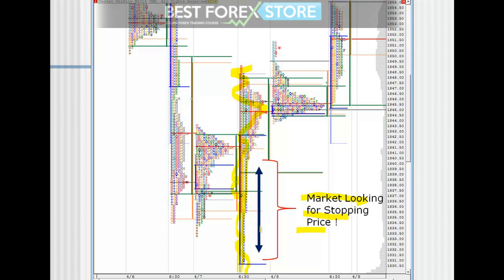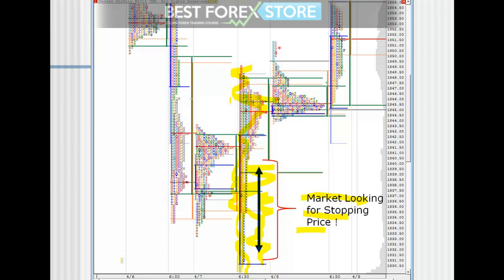So obviously our stopping price was not in this range down here. There was no stopping price because we navigated up and down through it. It had a lot of volatility. So the market continued to move higher. It evidently found enough buyers down in this area to push prices further up beyond period E. And then we moved a little bit higher, and this is where we found our stopping price.